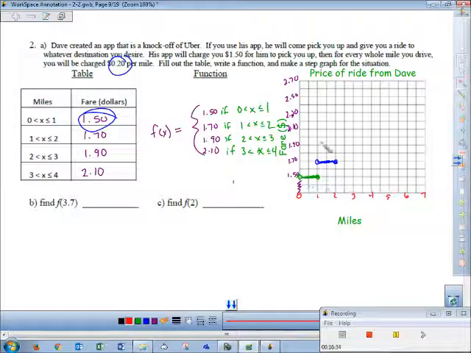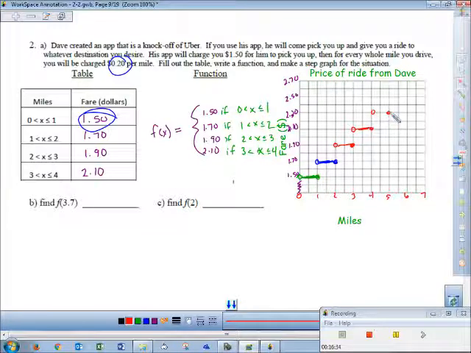Then the next step, more than 2 miles, is going to cost us $1.90, but not 2 miles. 2 miles doesn't cost us $1.90. Exactly 2 miles costs us $1.70. But more than 2, all the way up to 3 included, is going to cost us this, and then just continue making your steps. It's linear, that's why there's that constant rate of change of going up 20 cents every time.